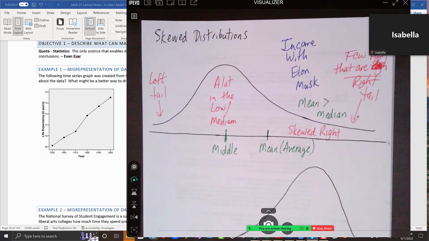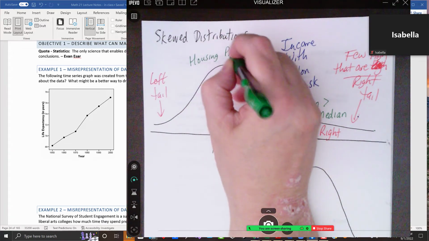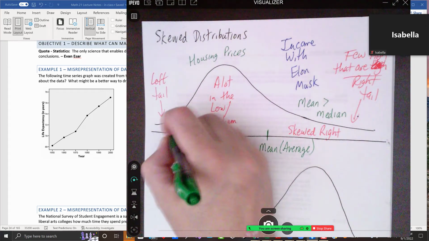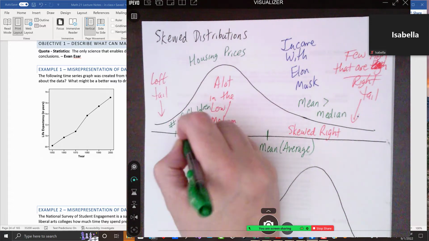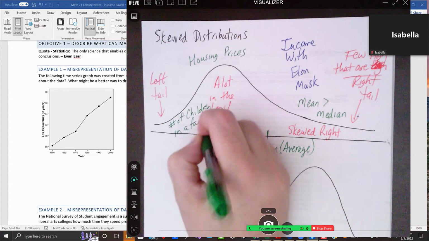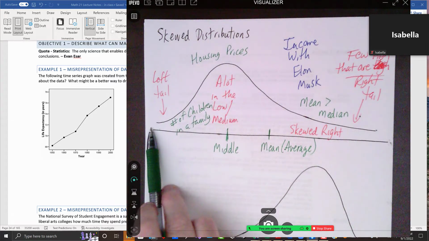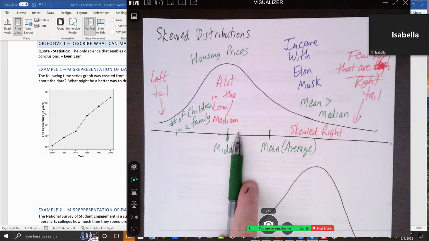So income is a great category for one. Housing prices. Number of children in a family. We have some with no children. We've got a lot of families that have 1, 2, 3 children.